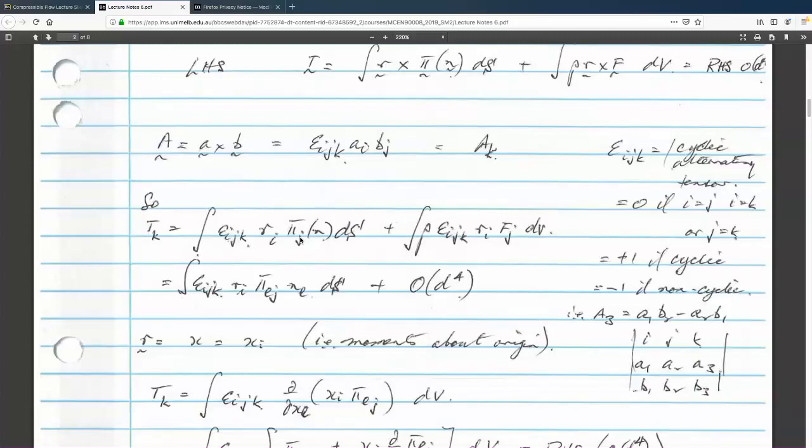So my pi_j on n will be equal to pi, and I can't use k again because I've got k here, so I have to have another suffix, and it'll be pi_lj n_l.